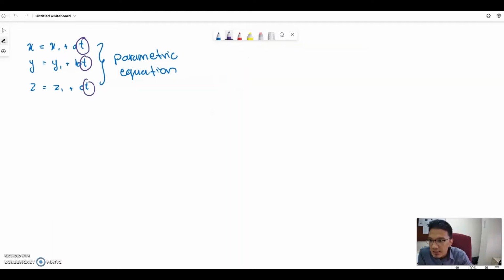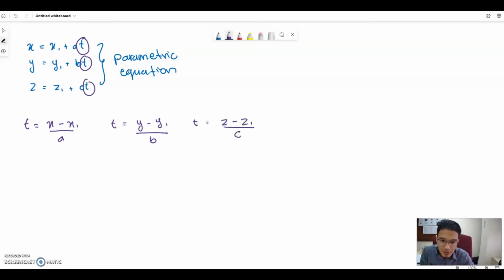So we can rearrange it as t equals x minus x1 over a, and t also equals y minus y1 over b, and t equals z minus z1 over c.